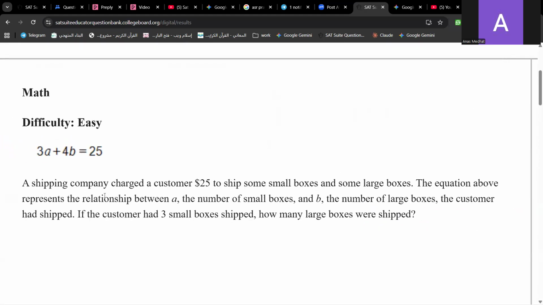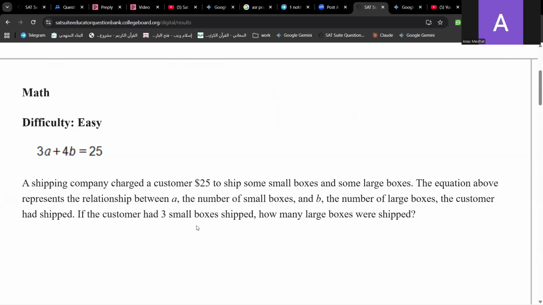A shipping company charged a customer $25 to ship some small boxes and some large boxes. The equation above represents the relationship between A, the number of small boxes, and B, the number of larger boxes the customer had shipped. If a customer had 3 small boxes shipped, how many large boxes were shipped? All you have to do is substitute.